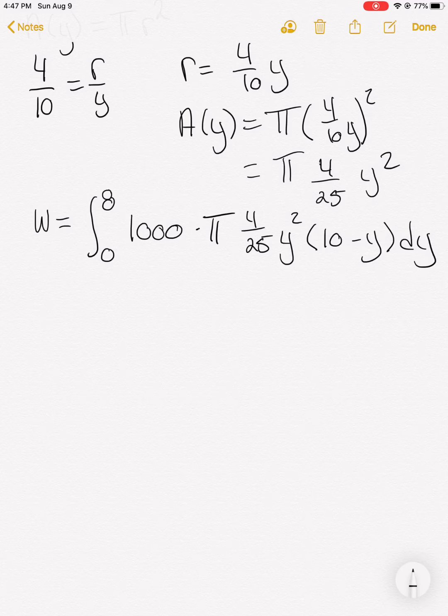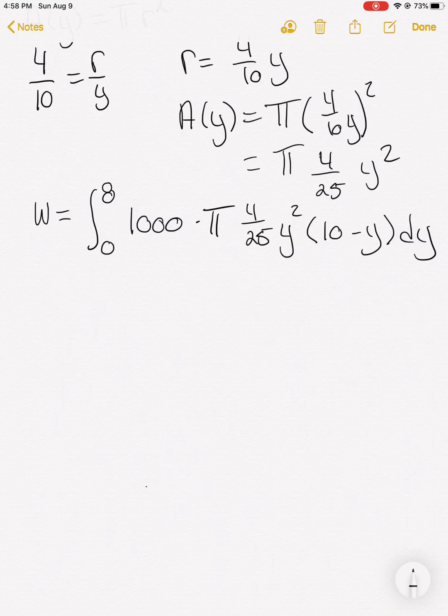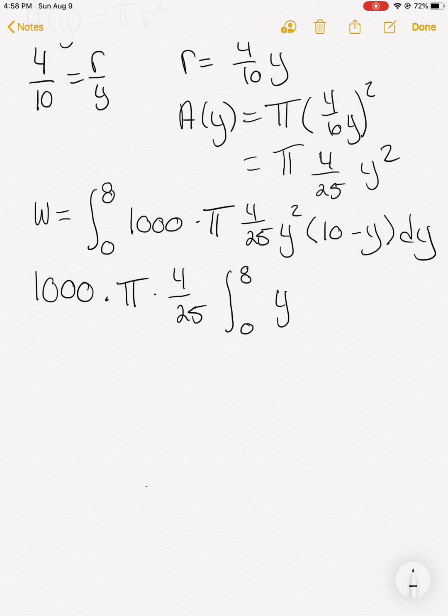Now you have all this. You need to pull out the constants and put the new equation as 1,000 times pi times 4 over 25 with our definite integral from 0 to 8, and y squared times 10 minus y dy are left in their original places.